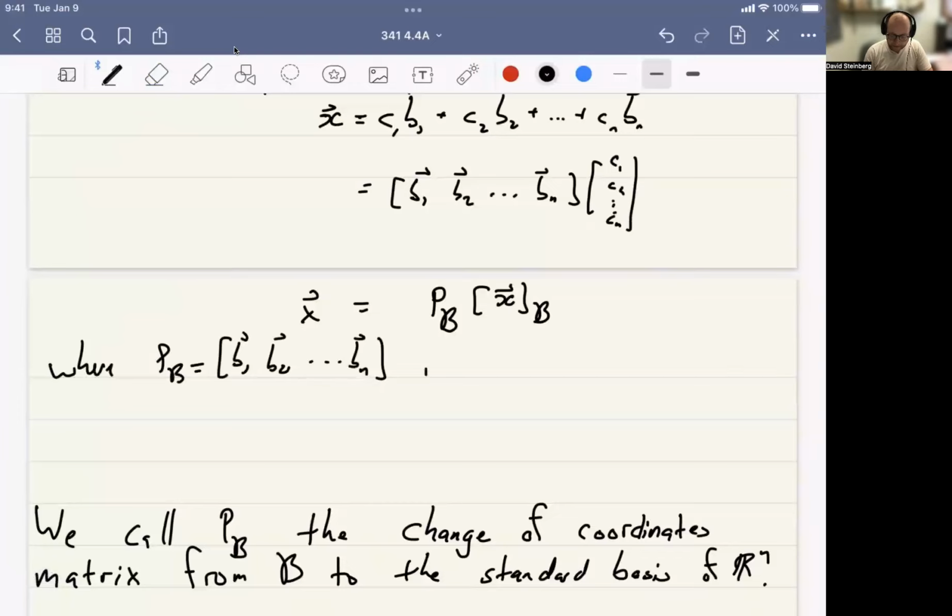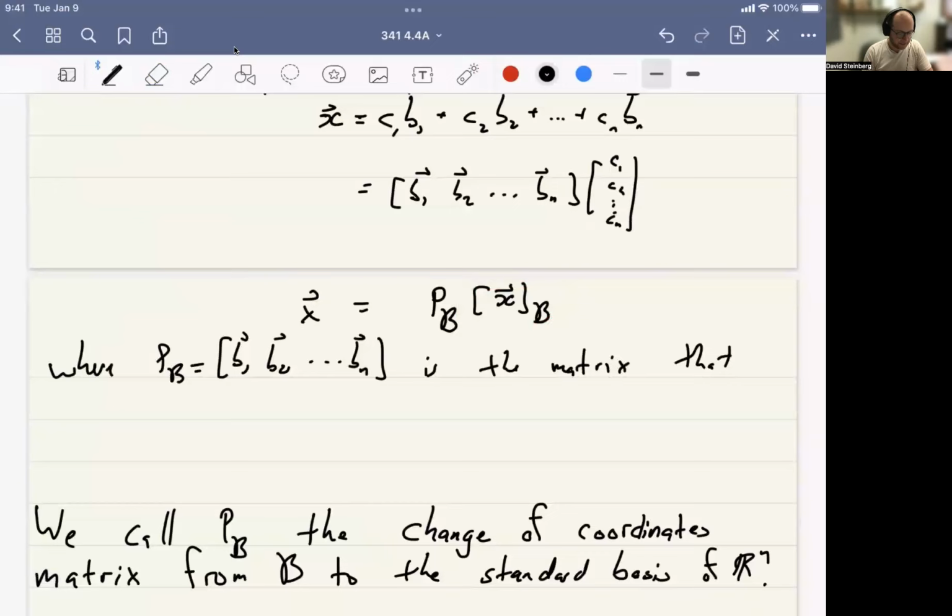And this is the matrix that does what? It transforms the coordinates of x relative to B into its original standard coordinates.